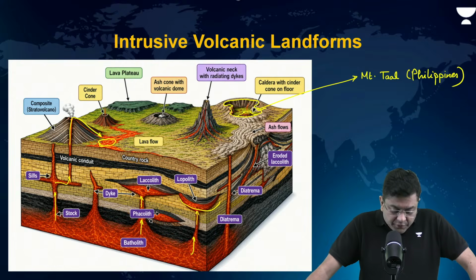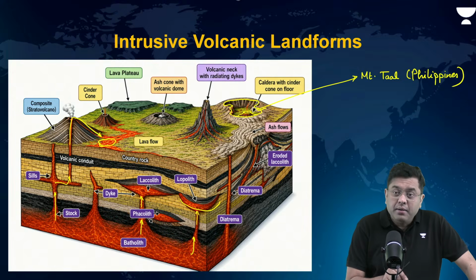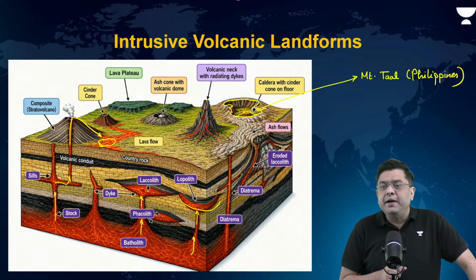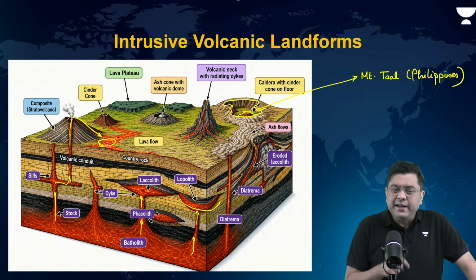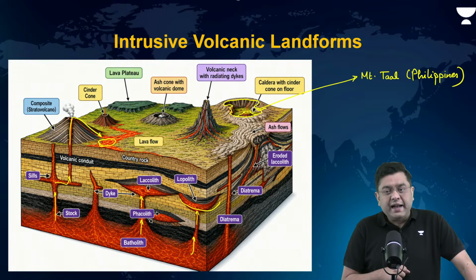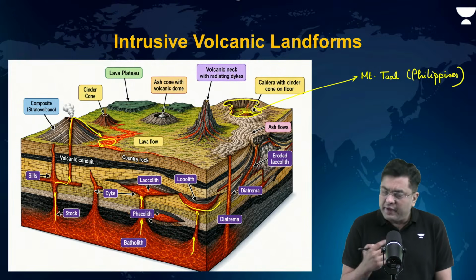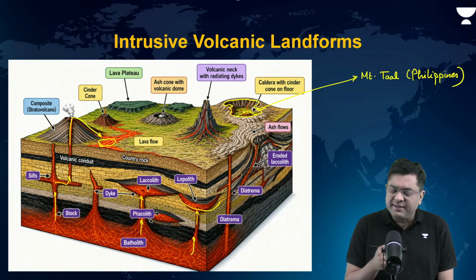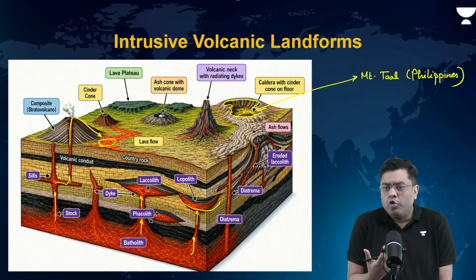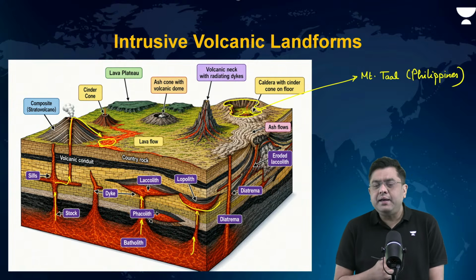Now, this solidification has happened in the interior of planet Earth. That is why it is named an intrusive volcanic landform. Now, one unique feature you will come across is, how do we know whether a landform has been created underneath planet Earth or not?